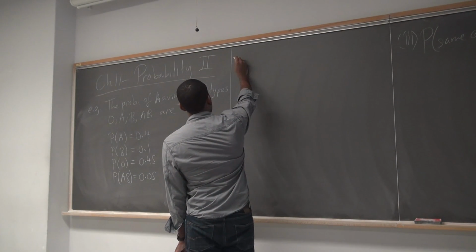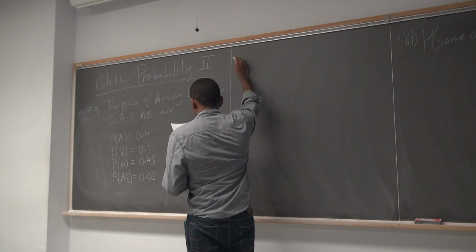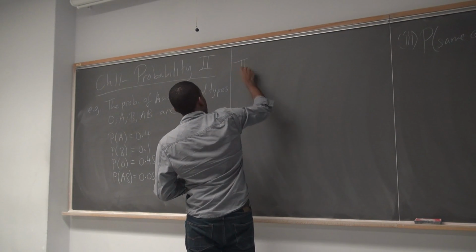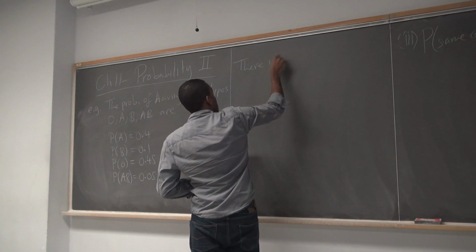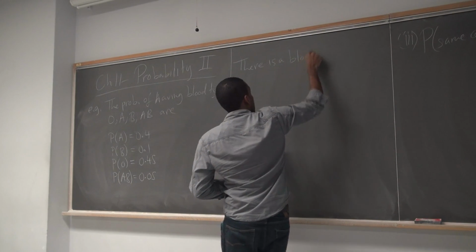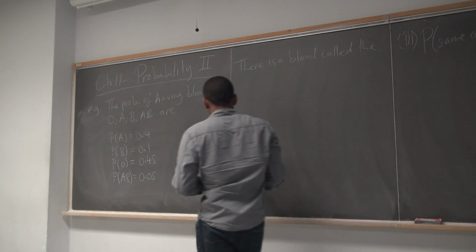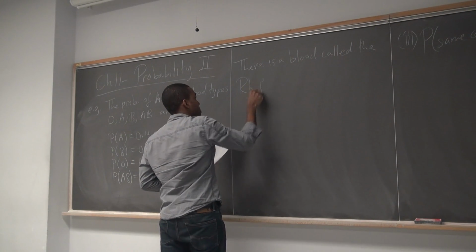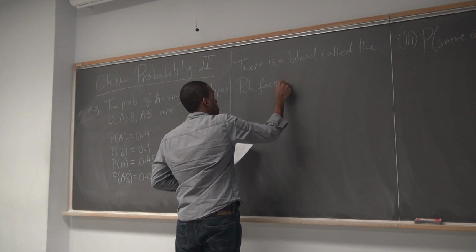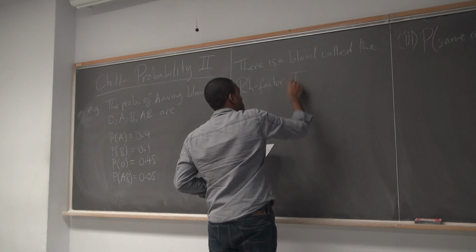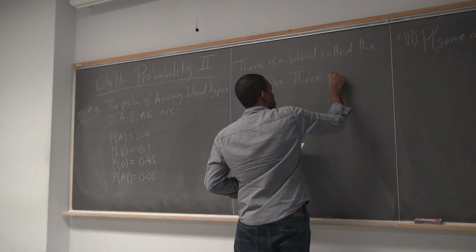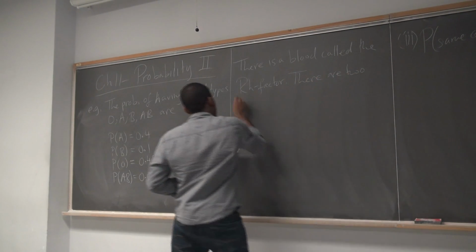Okay, there's also some more info that you need. There is a blood protein called the Rh factor. There are 2 types.